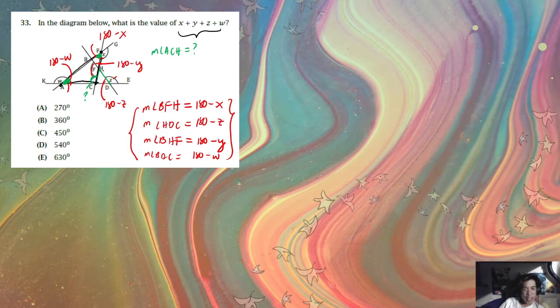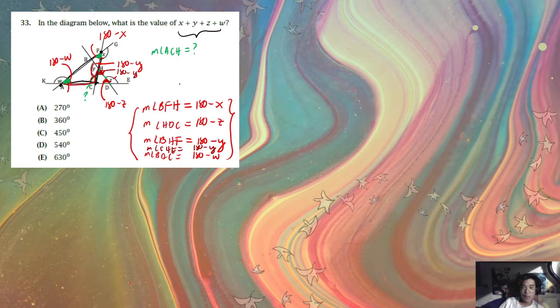The measurement of angle CHE is also equal to 180 minus y, because it also forms a linear pair. Since this angle is 180 minus y, and this angle is equal to 180 minus z, the measurement of angle ACH is an exterior angle.